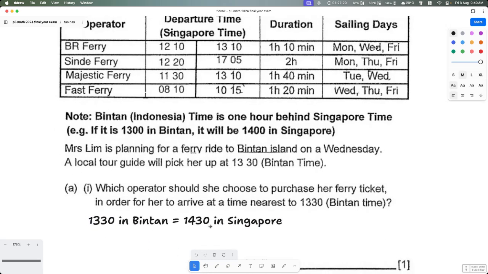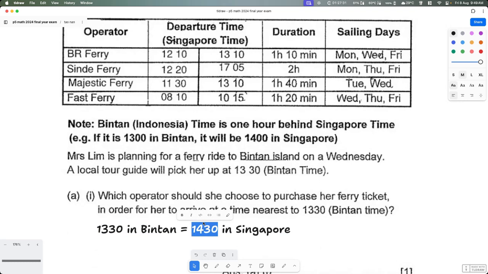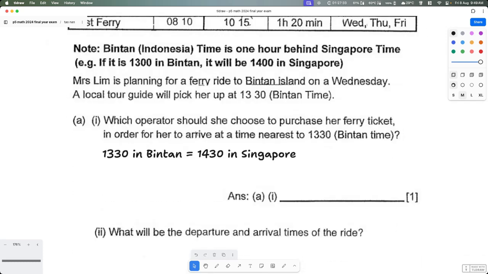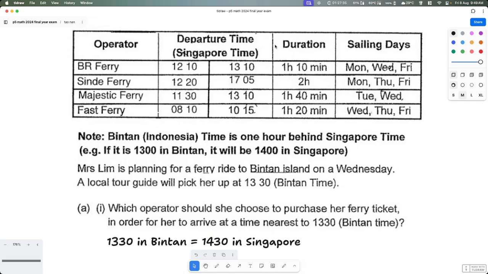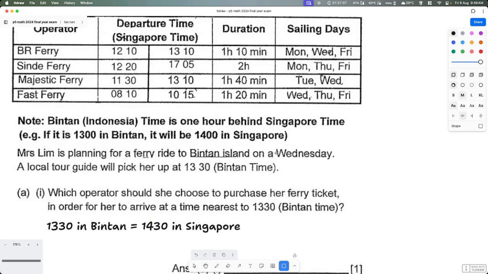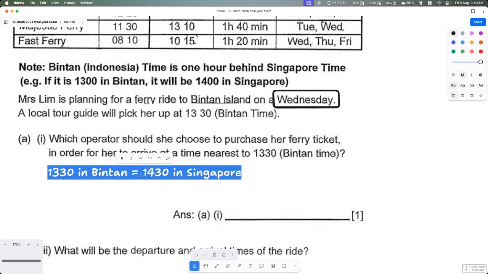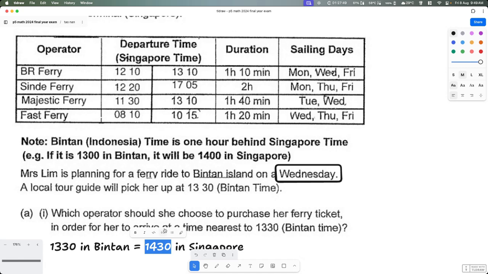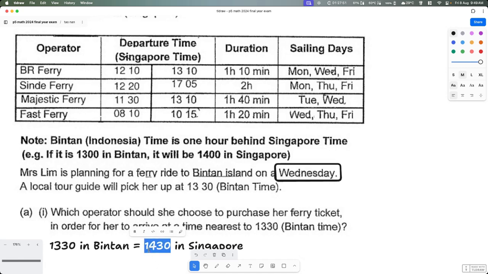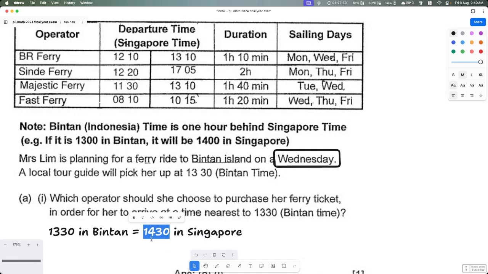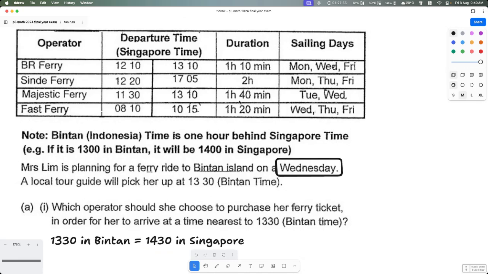So we need to meet at 1430 Singapore time. Make sure that it is on a Wednesday. So now we want to see what will give us 14:30 once we arrive.